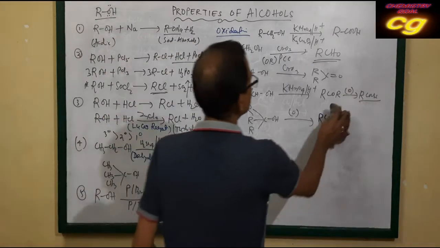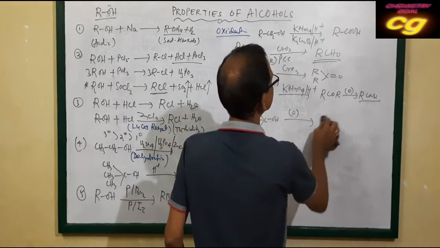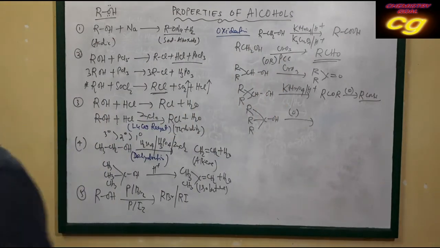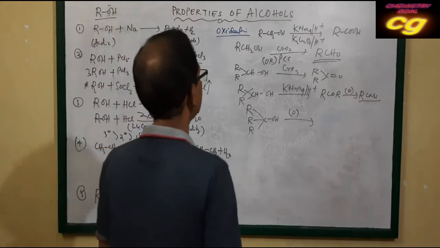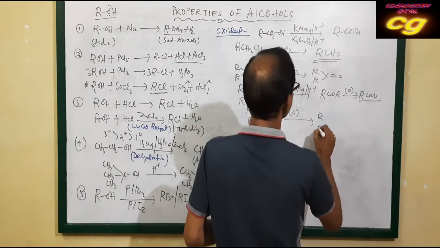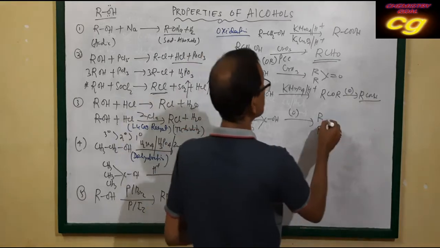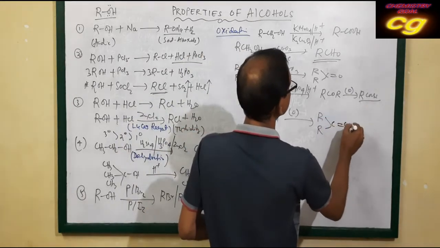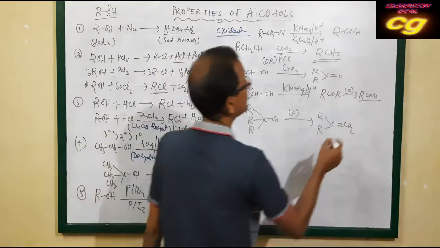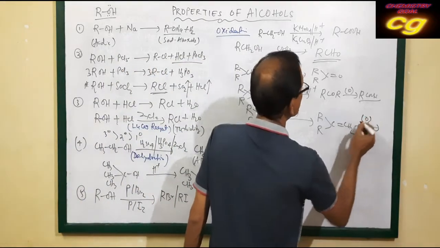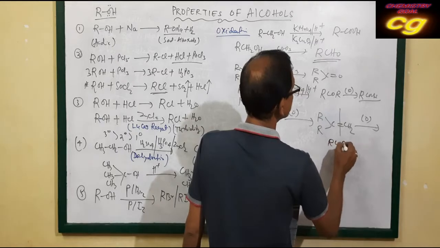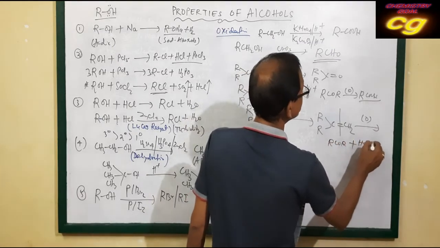Alkene forms first, then it further oxidizes to ketone and formic acid.